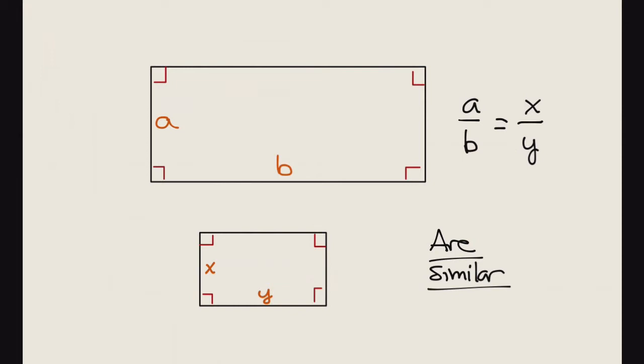Notice A then is being related to X. B is being related to Y. So we see that we are comparing not only sides within the rectangle, but then we're comparing them to each other, each figure. Yeah, Emma. Yeah, this could absolutely and will absolutely be like finding a missing side.